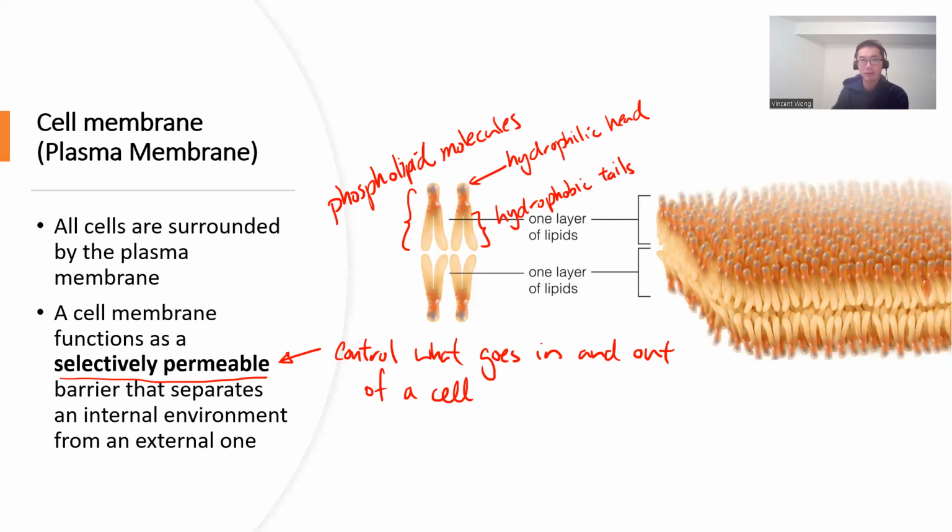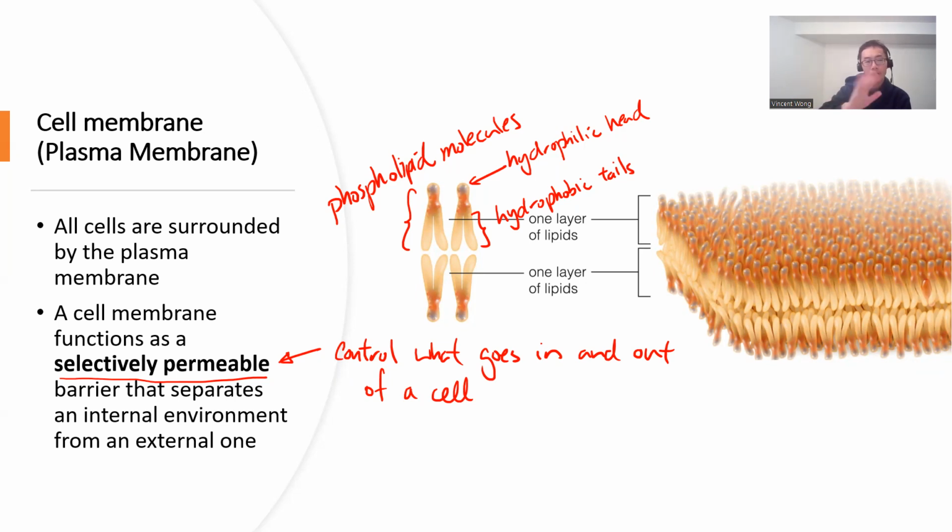You cannot let everything just pass through at free will. You want to keep the dangerous stuff out of the cell, bring in nutrients, and keep them in the cell. So the cell membrane helps regulate what goes in and what leaves the cell. That's what selectively permeable means. It also helps maintain an internal controlled environment, part of homeostasis, as you've learned in lecture 1.